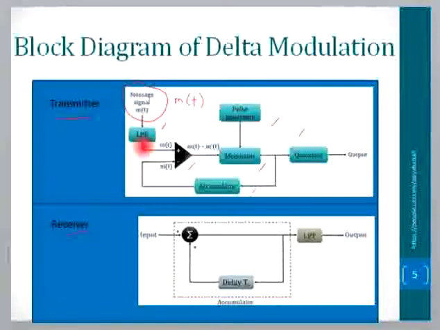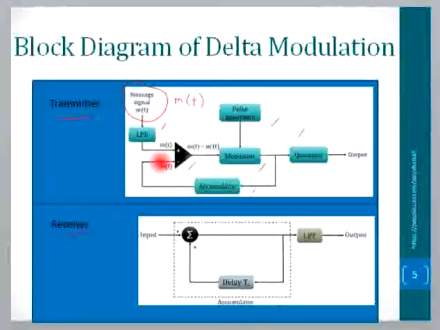m(t) is transmitted to the low pass filter, which passes the low frequency component and eliminates the high frequency component, so it is also referred to as an aliasing filter.